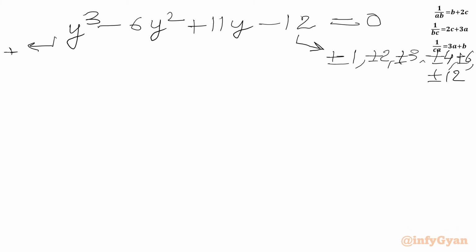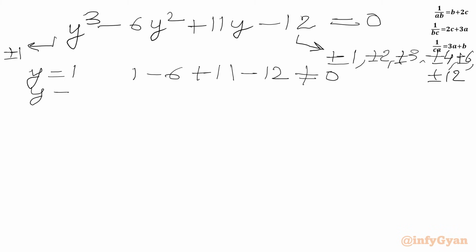So we'll write here plus minus 1. Now we have to take the ratio of constant to leading coefficient. In that series, if I plug in y equal to 1, will it satisfy? 1 cube is 1, minus 6 times 1 square is minus 6, plus 11 times 1 is 11, minus 12. No, it is not.